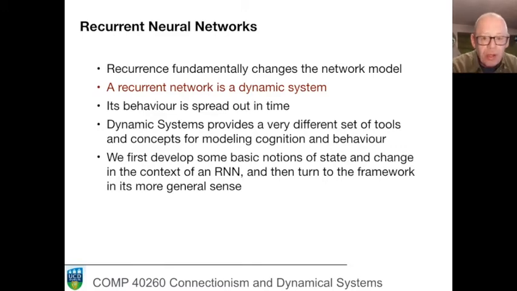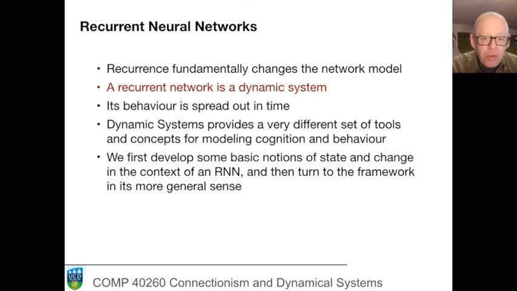Dynamical systems will occupy us for the remainder of this course, and they provide a very different set of tools and concepts for modeling cognition and behavior, and we'll only have the smallest points of access to it. We enter this world through the recurrent network, and then we'll explore the concepts and tools of dynamical systems just a little bit more. Incidentally, nobody knows whether you should say dynamic or dynamical. It doesn't matter. There's no right answer.